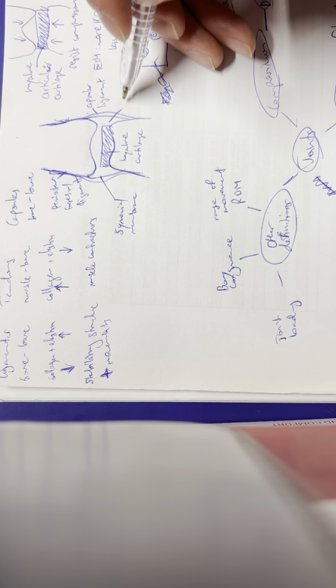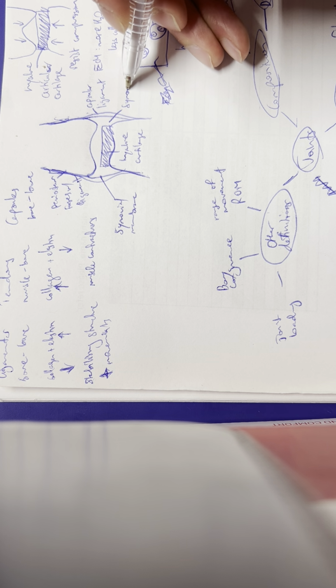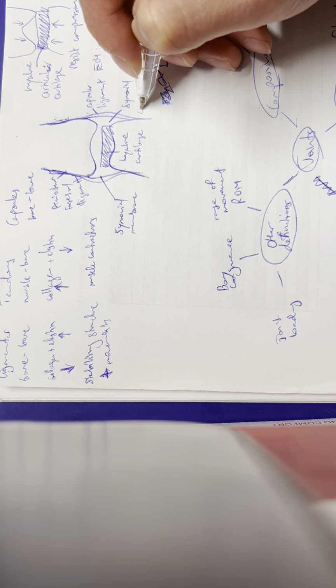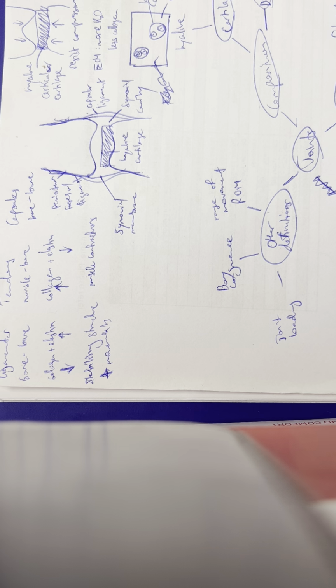So this is the synovial cavity. The synovial cavity, or the joint cavity, contains synovial fluid secreted by the synovial membrane, which helps a lot with movement, because you want frictionless, smooth movement, so the fluid helps a lot with that.